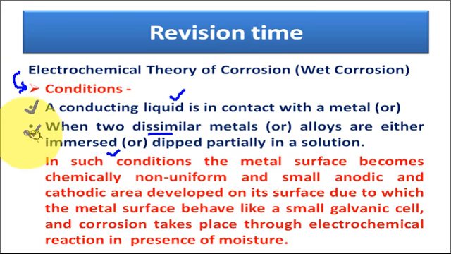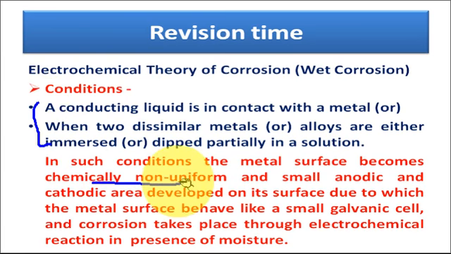In either case, what happens? In such a condition, the metallic surface becomes chemically non-uniform, due to which anodic and cathodic areas form at the metal surface and the metal surface behaves like a small galvanic cell, and corrosion takes place through the electrochemical reaction in presence of moisture. So this is the basic concept. After that, as the metallic surface becomes chemically non-uniform and cathodic and anodic areas form, at the anodic part oxidation of metal takes place, due to which electrons are released.